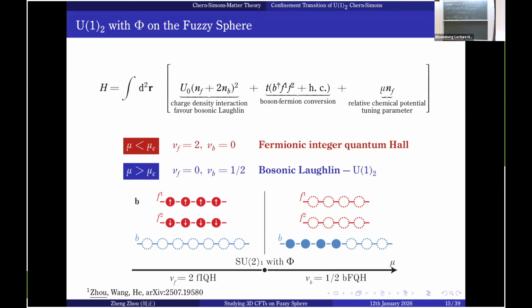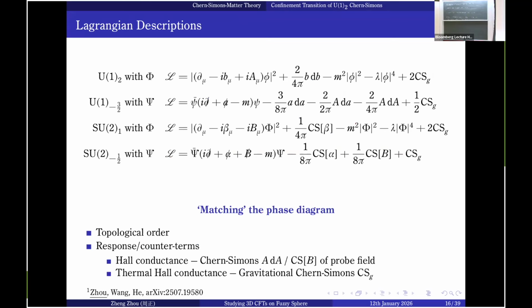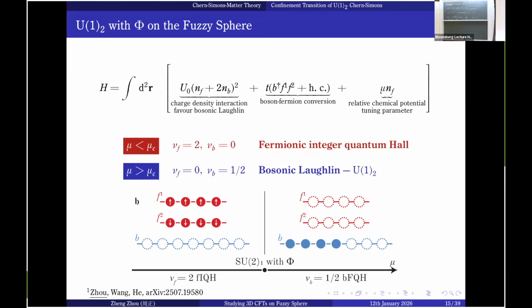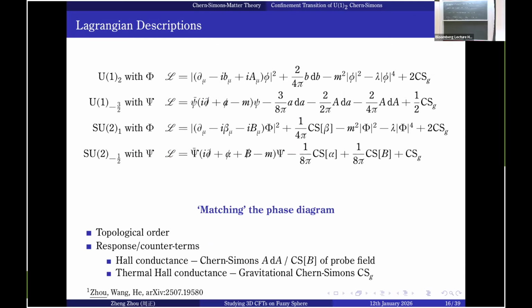Classical. But where are the dynamical fields that have a Chern-Simons term? We think they emerge, and what we can say is that when the theory is gapped, it has the same phase diagram as the transition that we are studying.